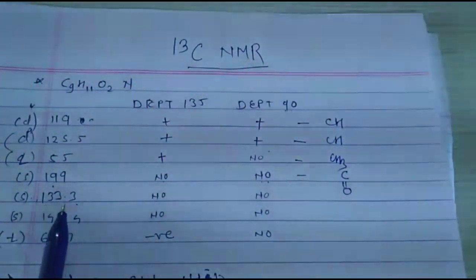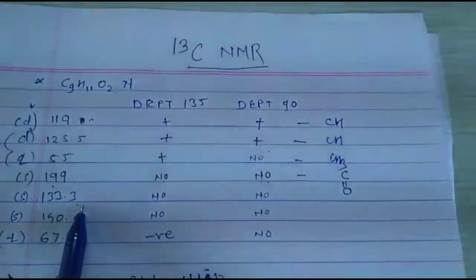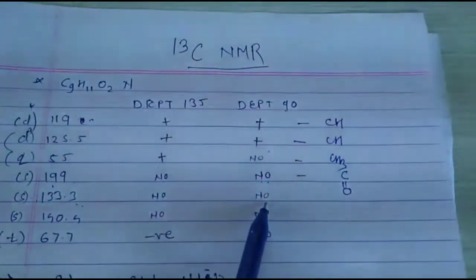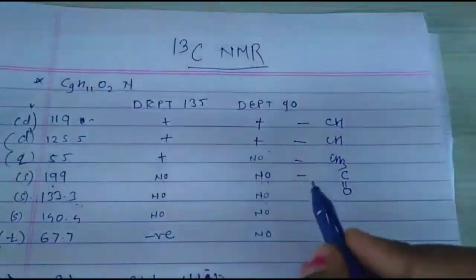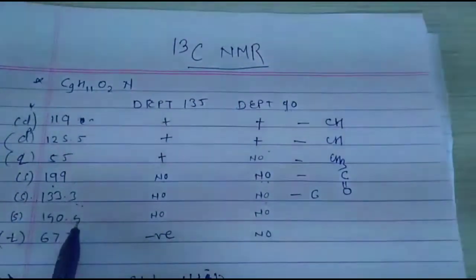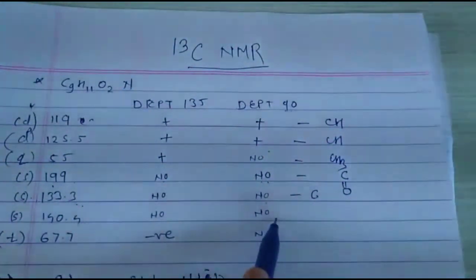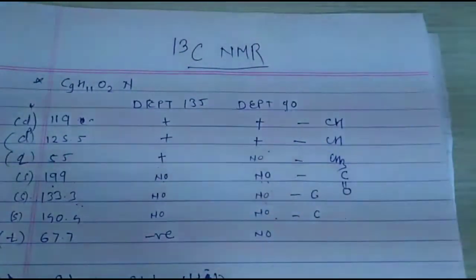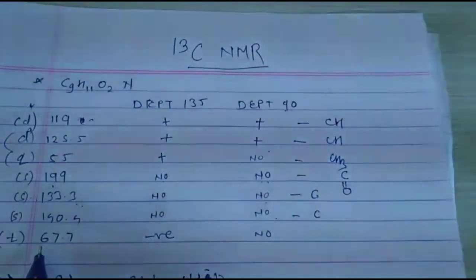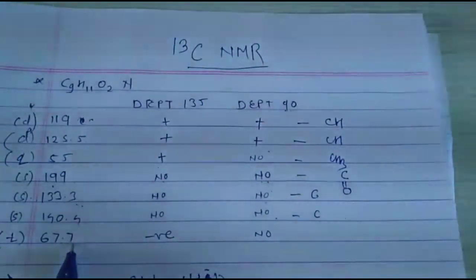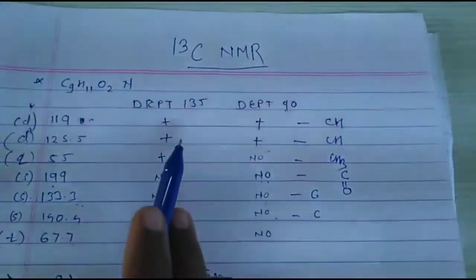Next 133.3 also has no signal in DEPT 135 and DEPT 90, so this is also a quaternary carbon. And 140.4 also has no signal in DEPT 135 and DEPT 90, so this is also a quaternary carbon. Next, here there is a value of 67.7, and it is negative in DEPT 135, so this must be a CH2 carbon. So these two values are CH, and here how many heteroatoms are there? Nitrogen and oxygen.